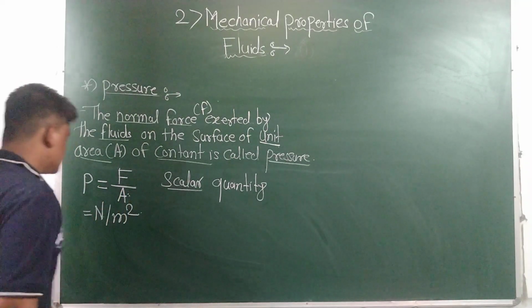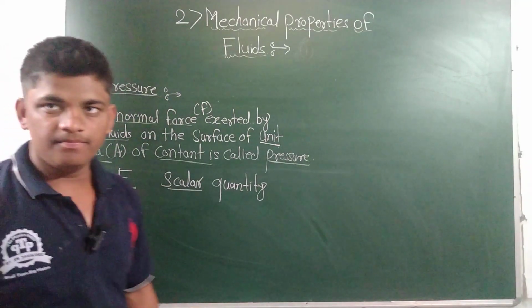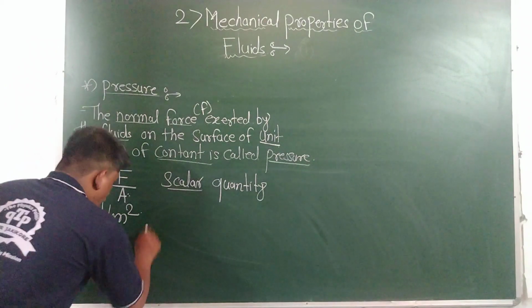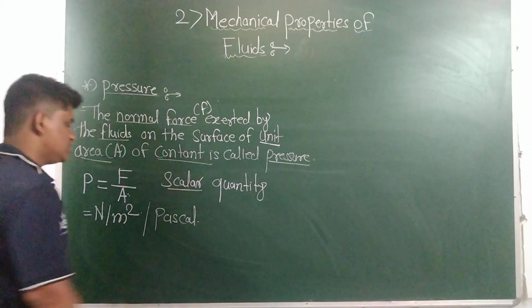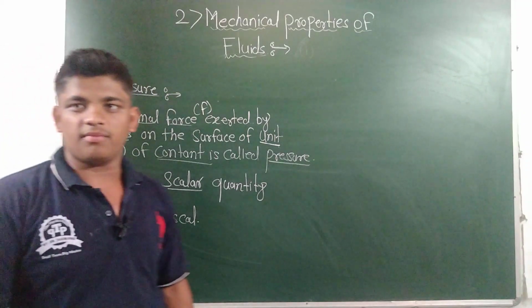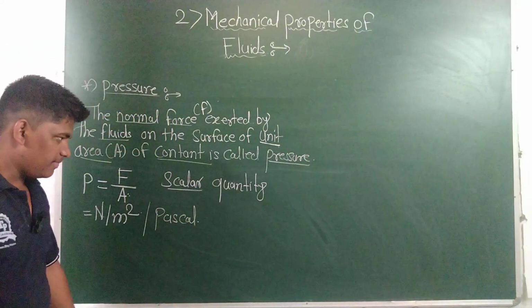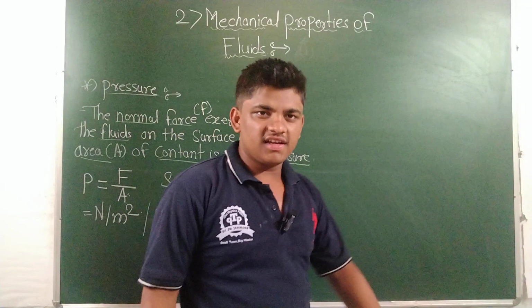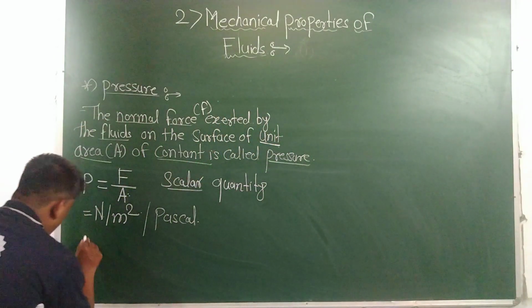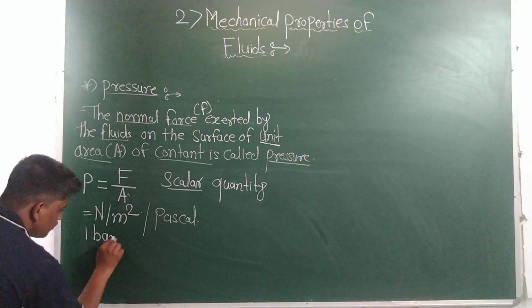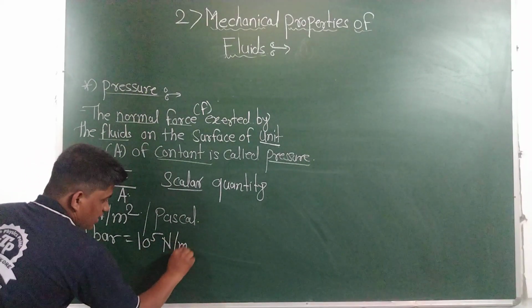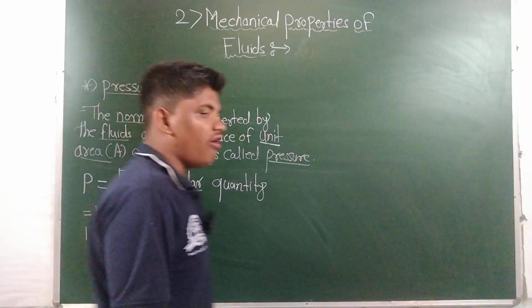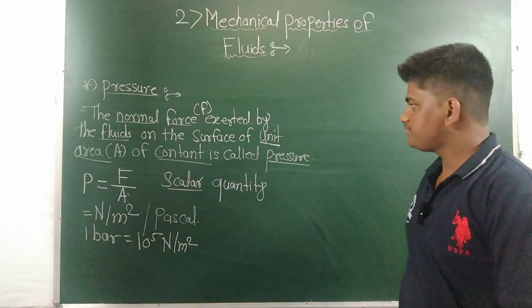Newton per meter square is the unit of pressure, or the proper unit of pressure is Pascal. Some other units: 1 bar is equal to 10 raised to 5 Newton per meter square.